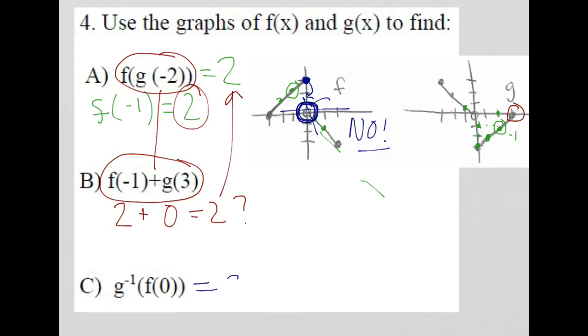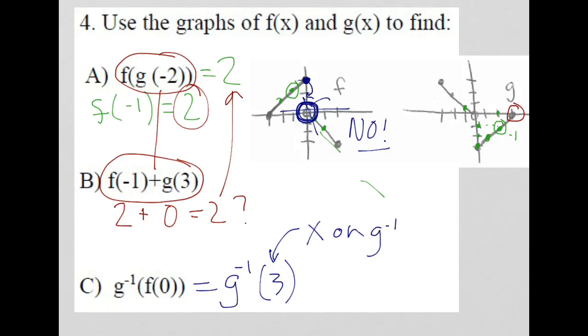So this becomes g inverse of positive 3. So let's talk again about what we said a moment ago. If you see a number inside a function notation set of parentheses, it's telling you that that is an x value on whatever function it is attached to. So this is attached to g inverse.